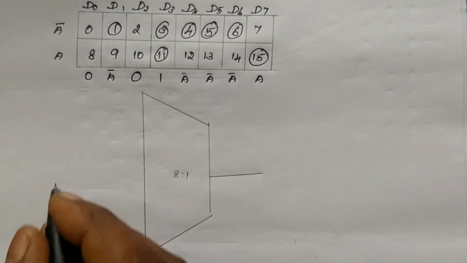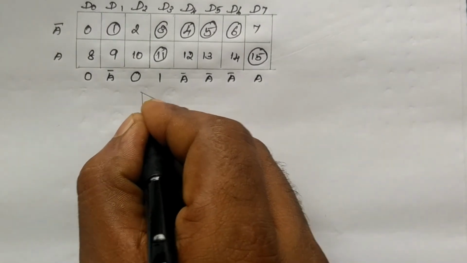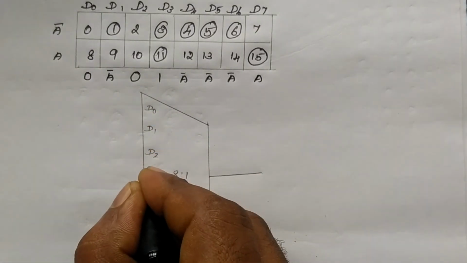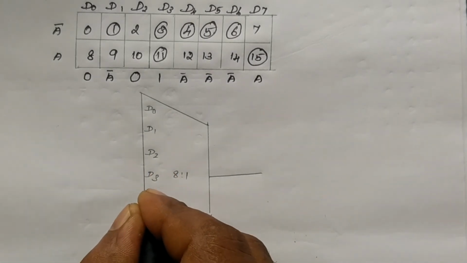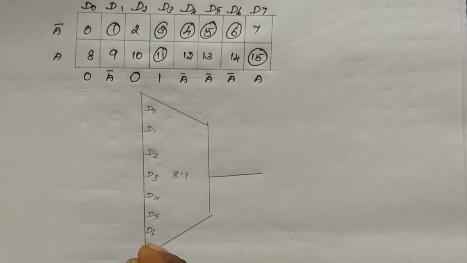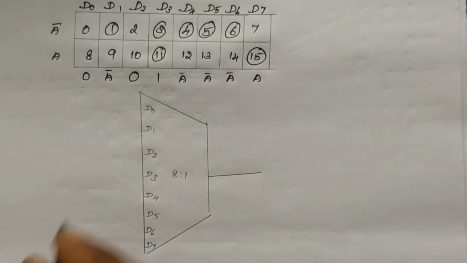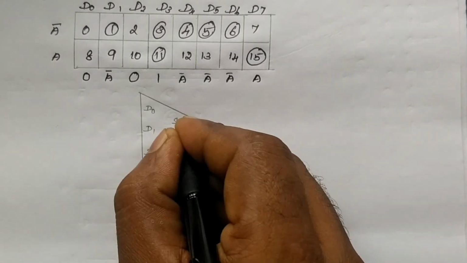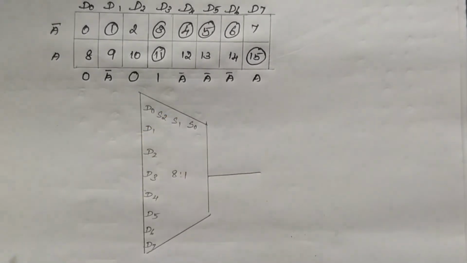Eight is to 1 mux, therefore 8 inputs D0, D1, D2, D3, D4, D5, D6, D7. We will have 3 selection lines, S0, S1 and S2.